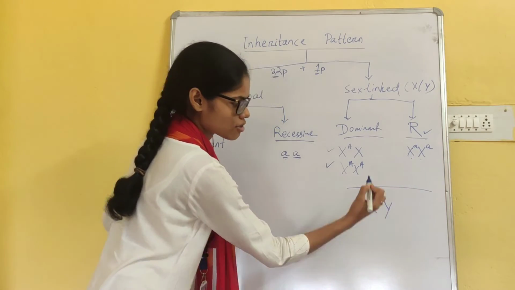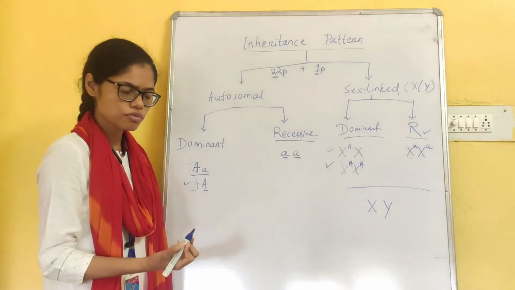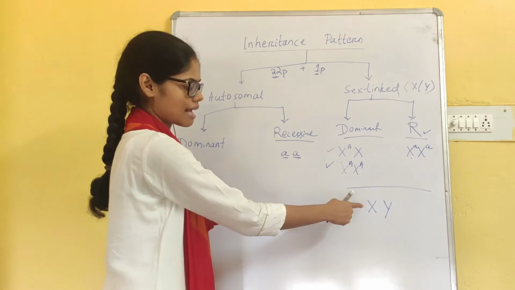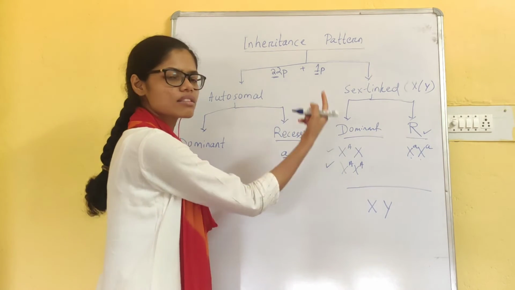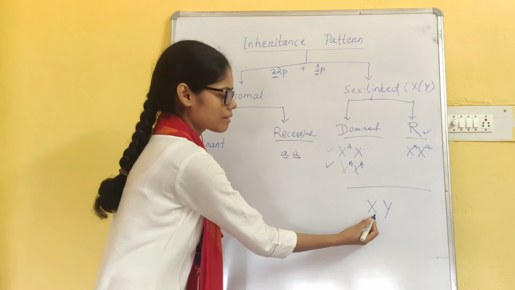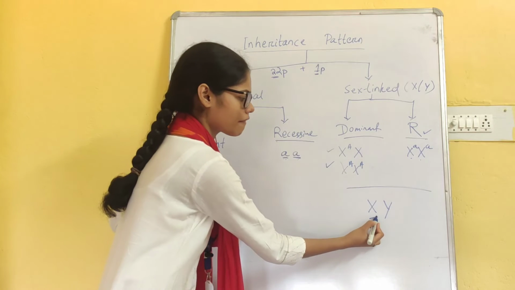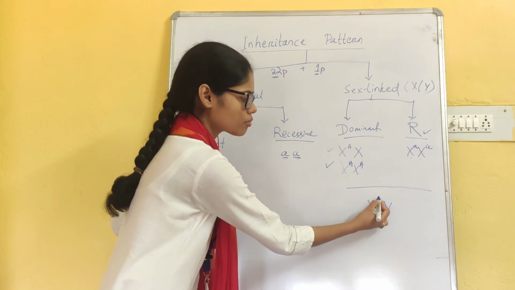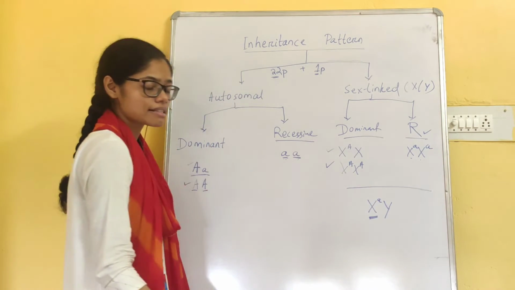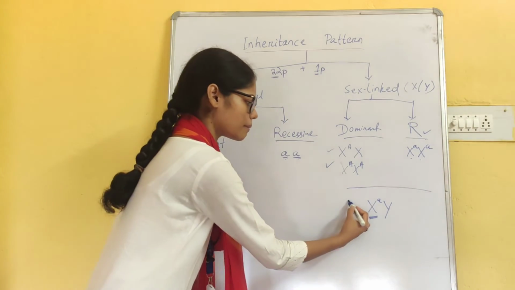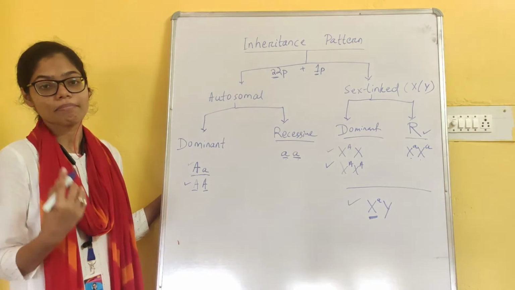They contain one X chromosome and one Y chromosome. So in case of X-linked diseases, X-linked may be dominant disease, may be recessive disease, but because they contain only one X chromosome, if that one chromosome contains an affected allele, may be dominant or recessive, the disease will be shown in case of male.